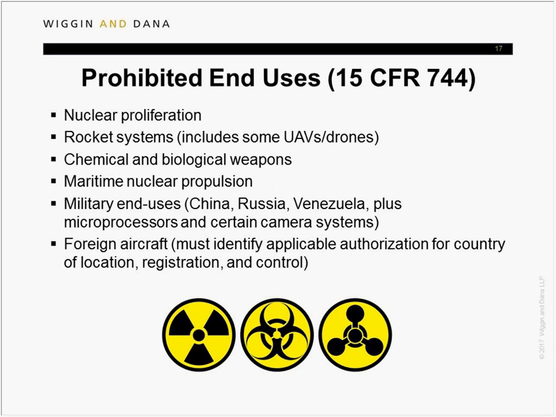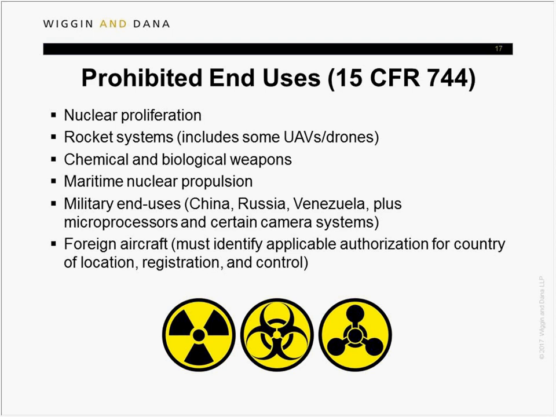How about prohibited end uses? It's important to be aware what your customers or other third parties overseas plan to use items for before you export them. Nuclear proliferation is a problem. If you have any reason to believe that nuclear proliferation might result, then you need to not perform the transaction without further guidance. Rocket systems, development of rocket systems, and missiles.